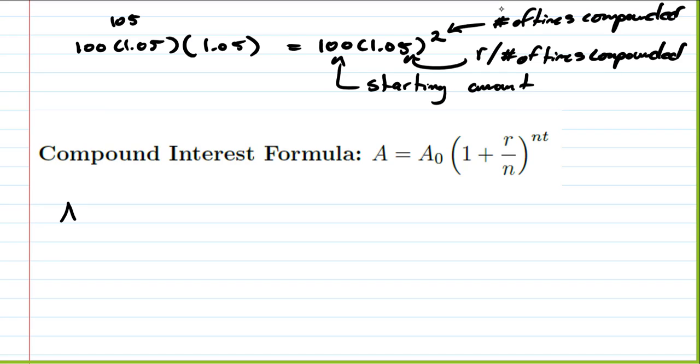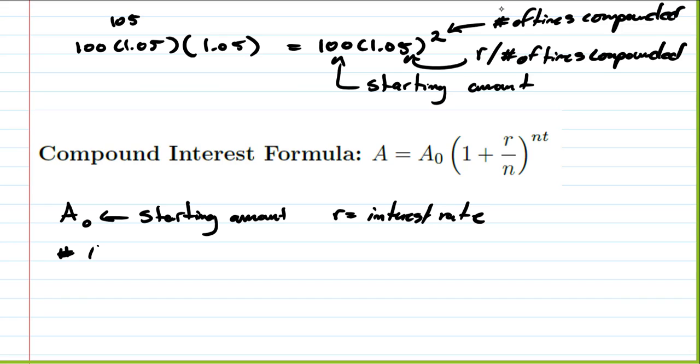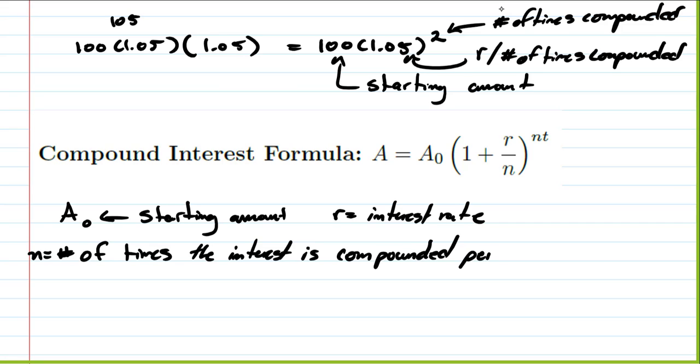So A0 is the starting amount. R is the interest rate. N is the number of times the interest is compounded per year, and T is time.